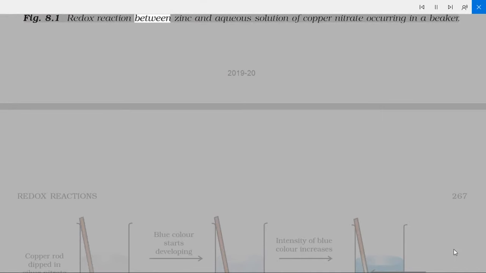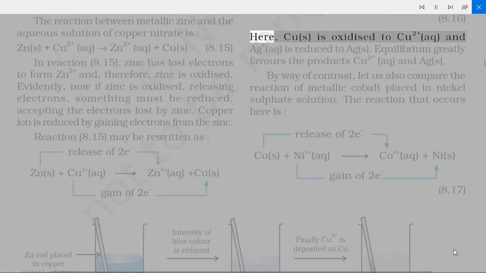Redox reaction between zinc and aqueous solution of copper nitrate occurring in a beaker. Cu(s) + 2Ag+(aq) → Cu2+(aq) + 2Ag(s) (8.16). Here, Cu(s) is oxidized to Cu2+(aq), and Ag+(aq) is reduced to Ag(s). Equilibrium greatly favors the products Cu2+(aq) and Ag(s).